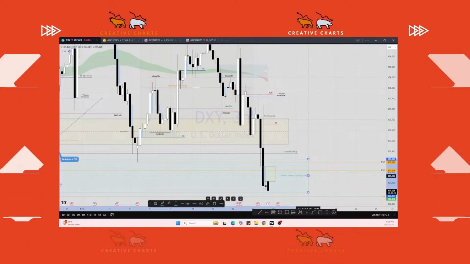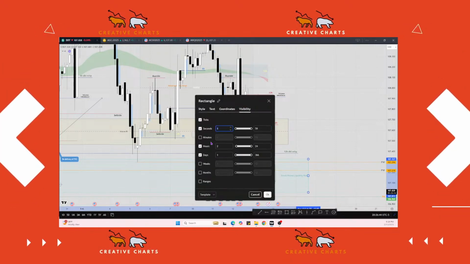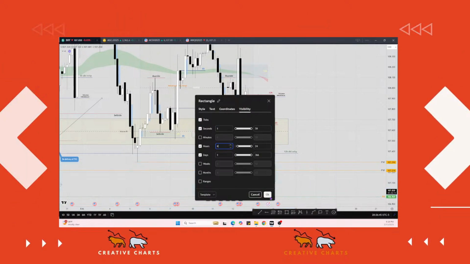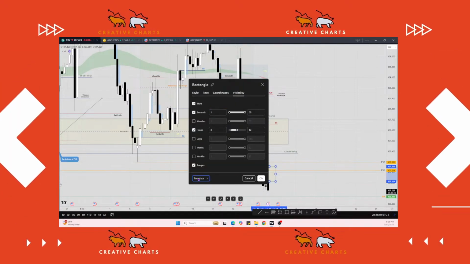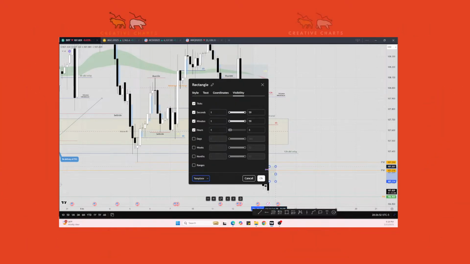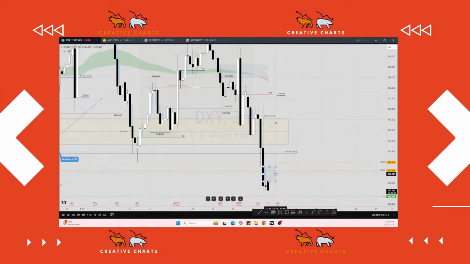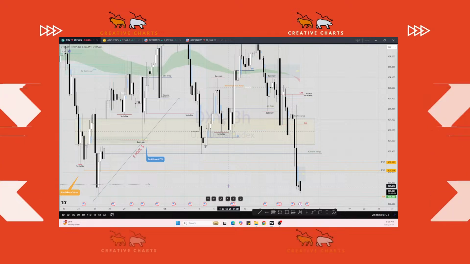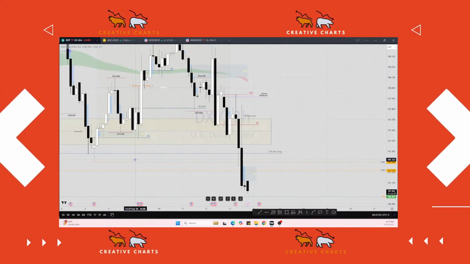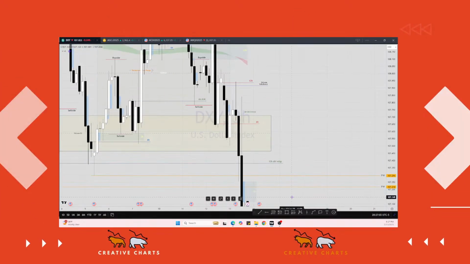I don't even think I need this break retest on these lower time frames because I know what it is already. I'll keep those. Previous weeks levels. Alright, bet. Yeah. Alright, cool.